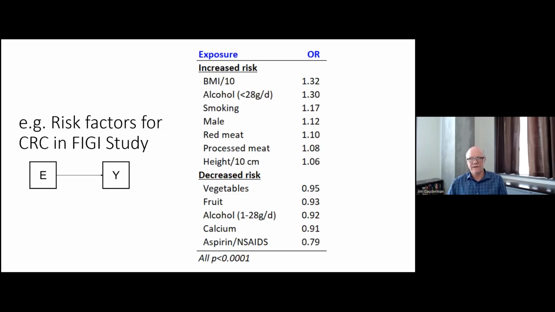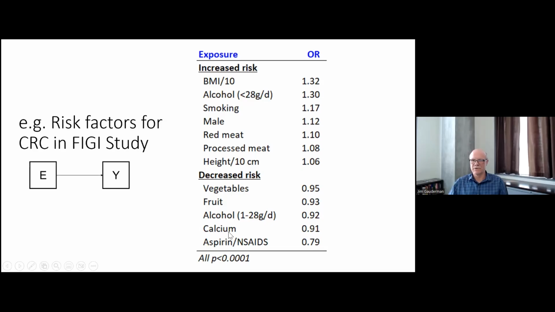Turning to the study, this gives you a sense for the risk factors that I've shown you, straight E versus Y kinds of effects. And as you can see, all the kinds of things that we might expect for colorectal cancer: BMI, heavy alcohol, which should be greater than 28 grams per day, smoking, male versus female, meat, and height are all on the risk factor side.